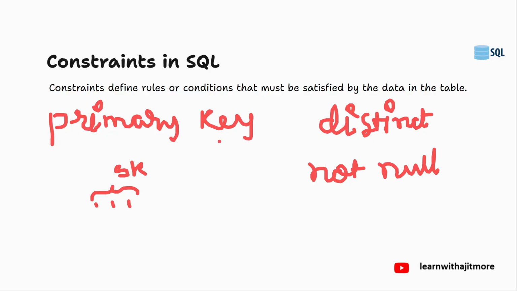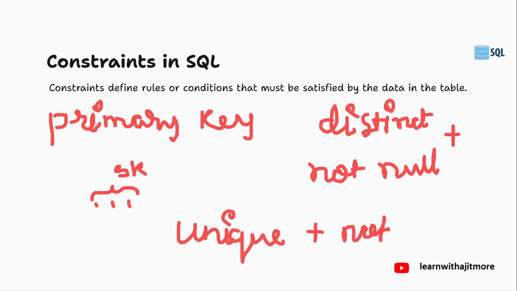Here in primary key, the values are distinct as well as it cannot be null. So remember, distinct means unique plus not null. Unique plus not null will become which key, guys? Primary key. Get it? But you can have one or more columns as a primary key. Understanding? One or more columns, you can make it as a primary key.